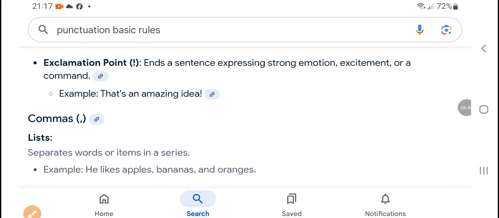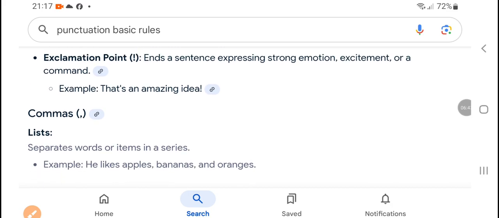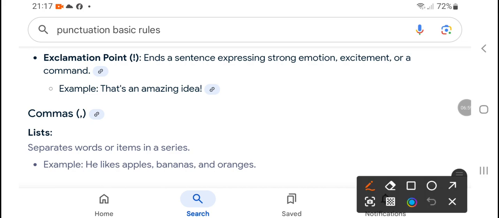Then the exclamation point ends a sentence expressing strong emotion, excitement, or a command, right? So when there are feelings like strong emotion, excitement, or command, then we use the exclamation sign.